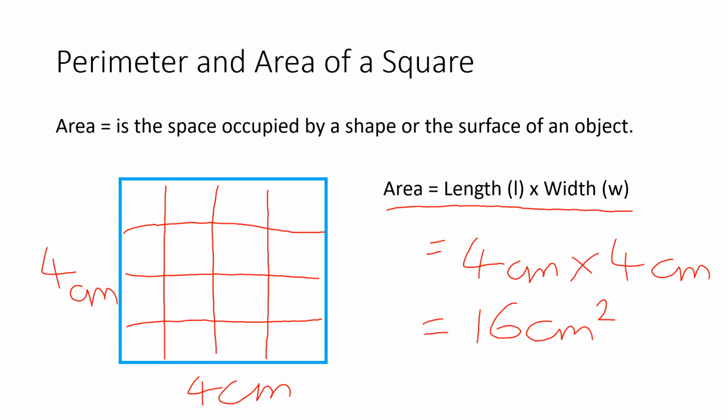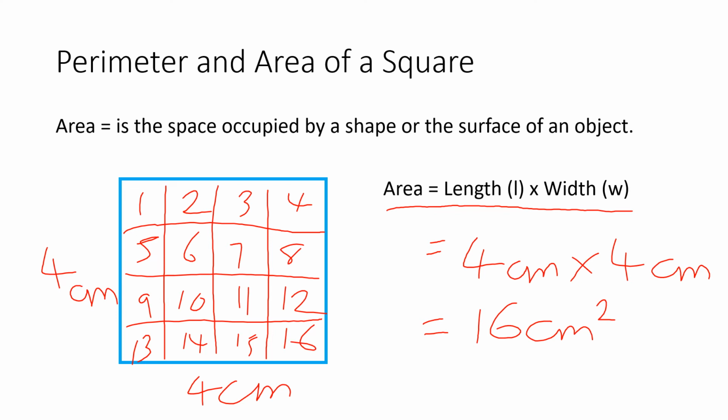If you count the squares now, 1 2 3 4 5 6 7 8 9 10 11 12 13 14 15 16. That's what it means. So this square has an area of 16 centimeters squared.